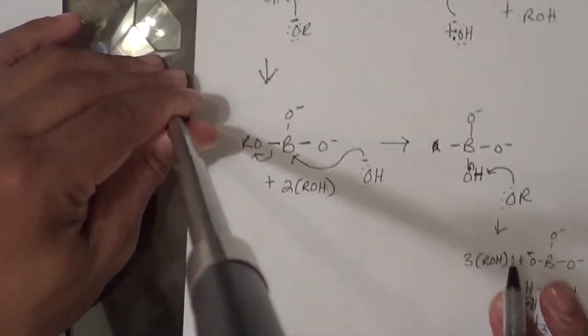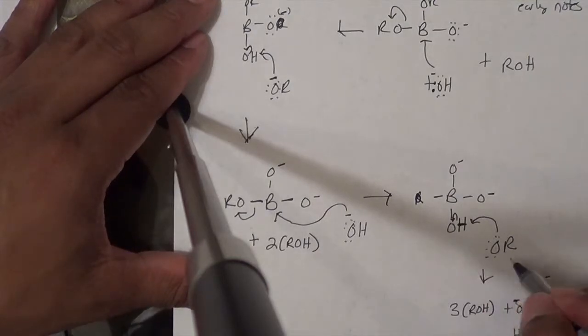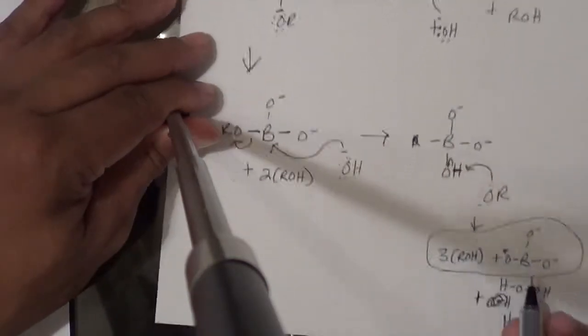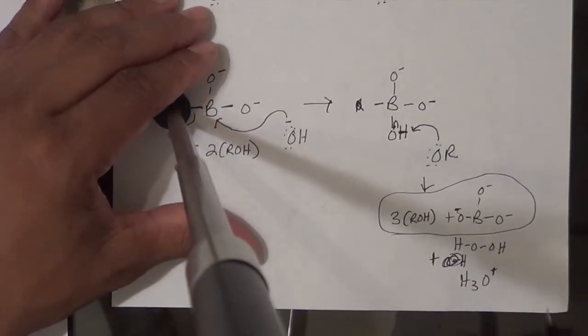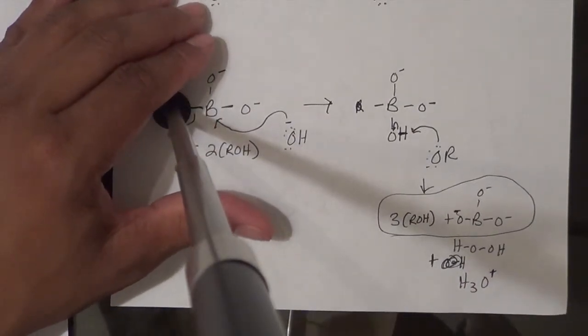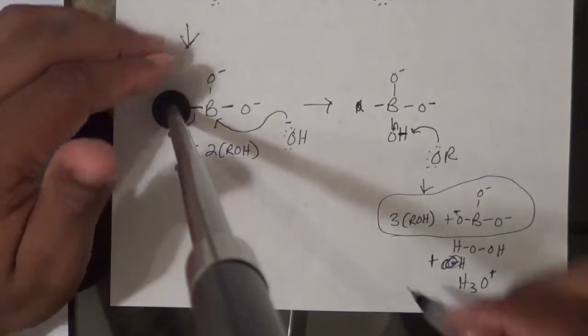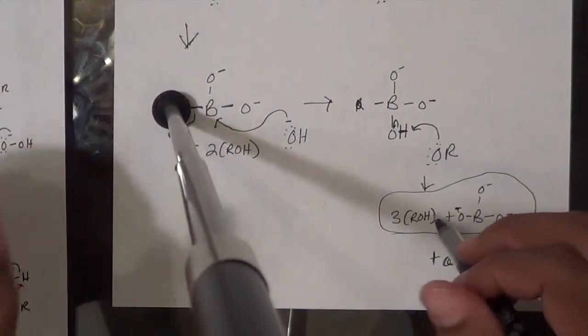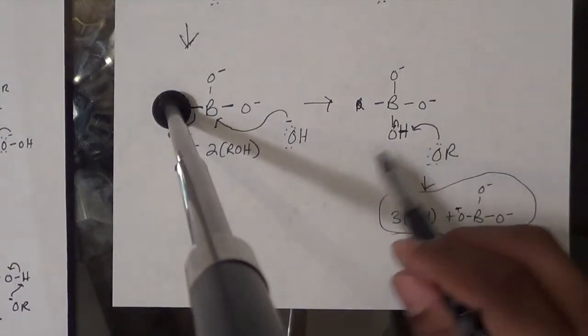Now, what I would like to see, if you get this far, is to produce these 3 alcohols and this. That would be very, very good. If you can complete the reaction, it'll be even better. But you need to see that you're going to produce this. That'll be very, very essential, to see you producing these 3 moles of alcohol and going through this process.